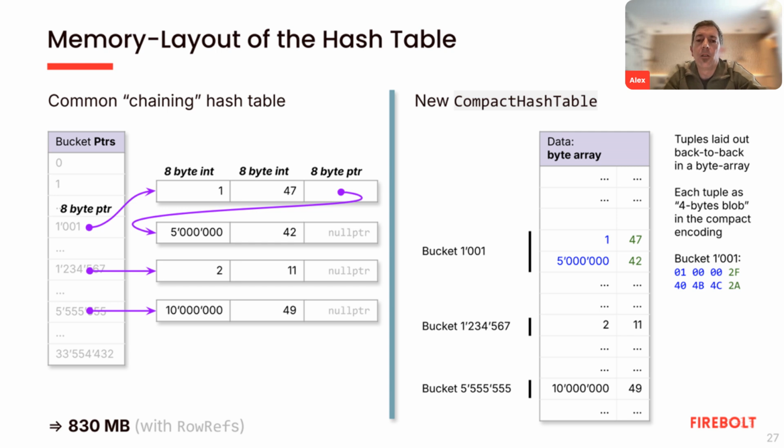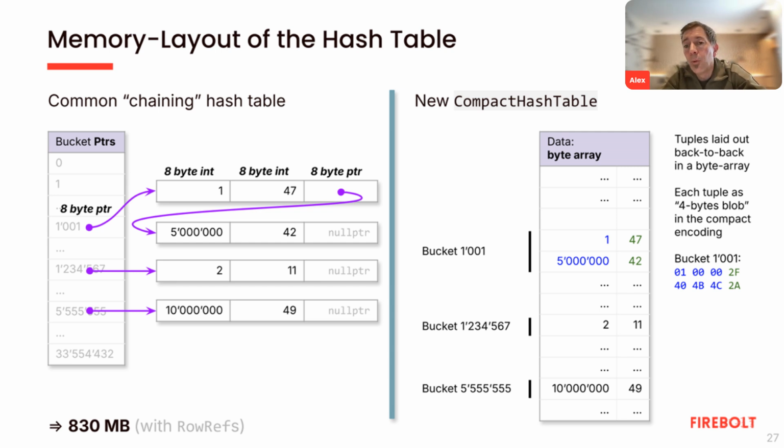So now in our new compact hash table representation, what are the basic ideas here? So first of all, the tuples are laid out back to back in a large byte array. So they're all back to back, not spread across memory. Each tuple we use this 4-byte representation that we just discussed in the previous slide.